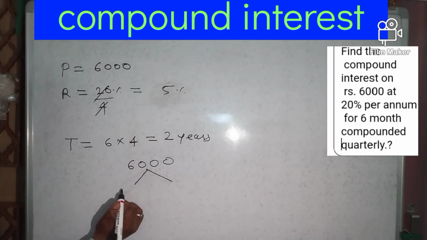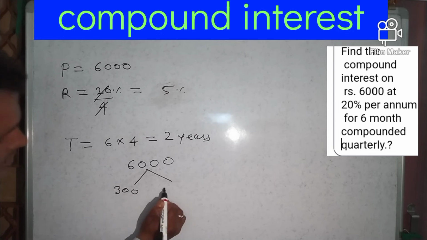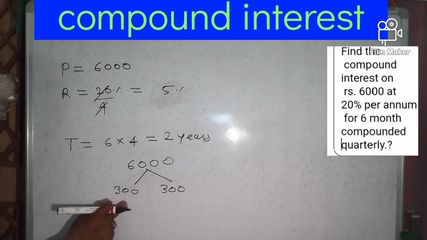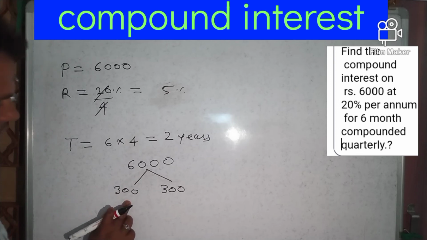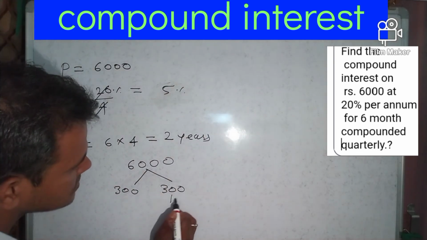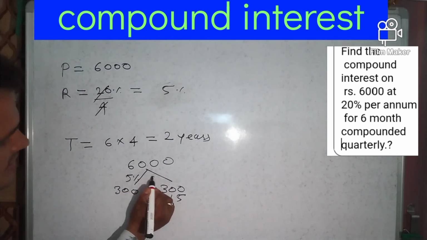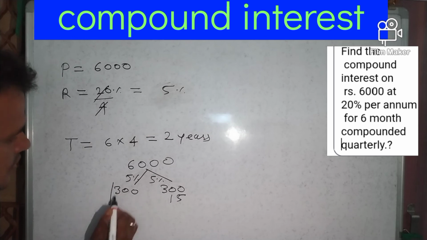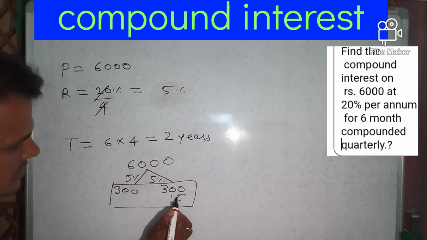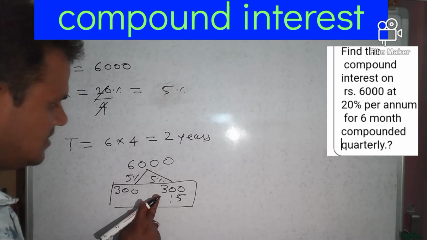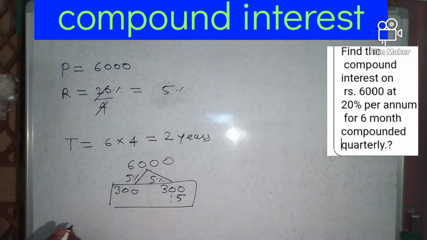So 1 and 2. 5% of 6000 will be 300, and the other period is again simple interest. So compound interest is interest on interest. So 5% of 300 is 15. This comes to 5%, right? So total compound interest will be 300 plus 300 is 600 plus 15 is 615.